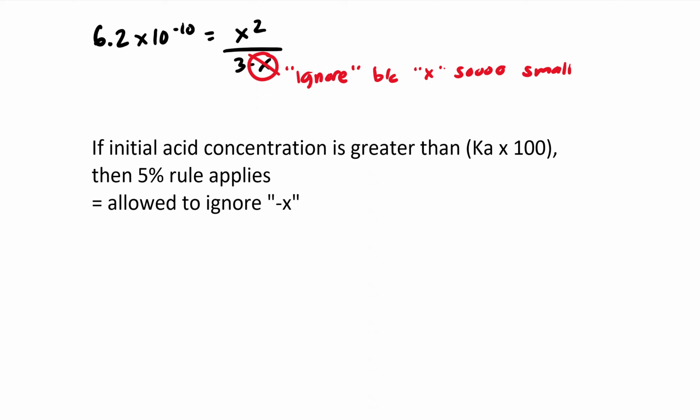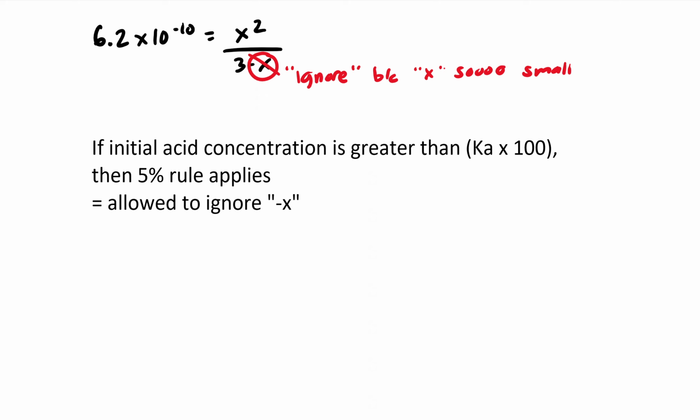So in our case, our Ka value is times 10 to the negative 10. If you multiply that by 100, that is definitely still smaller than our initial concentration of 3 molar. So it is going to be 5% or less, and then we're allowed to ignore that minus x.